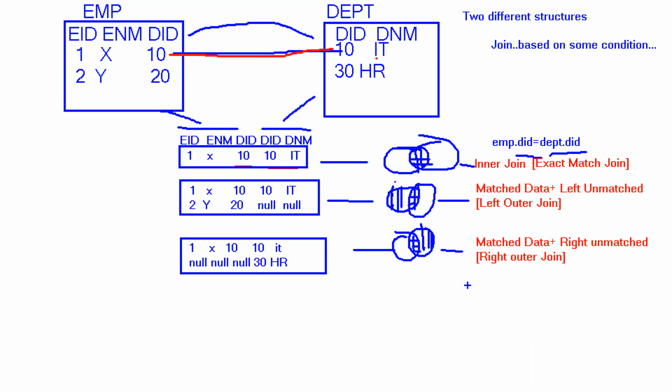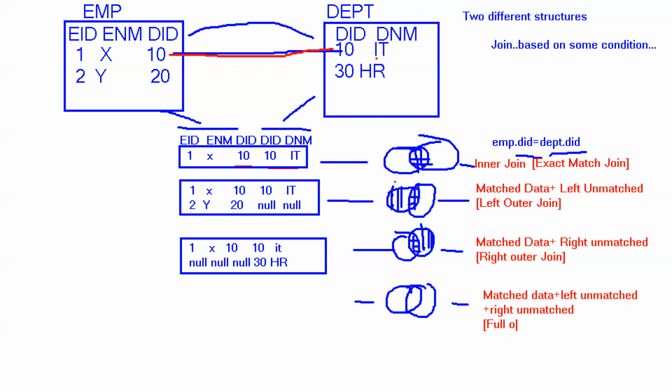What do you call this? Right outer join. Right outer join. Matched data plus left unmatched plus right unmatched.